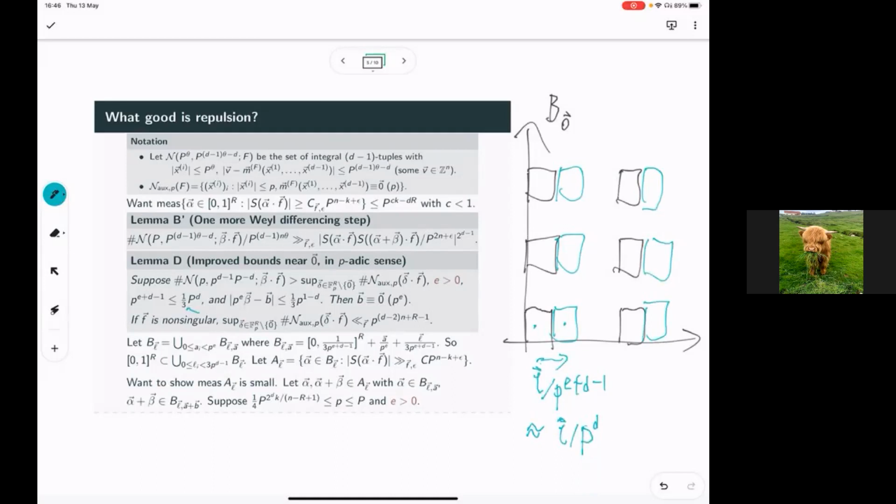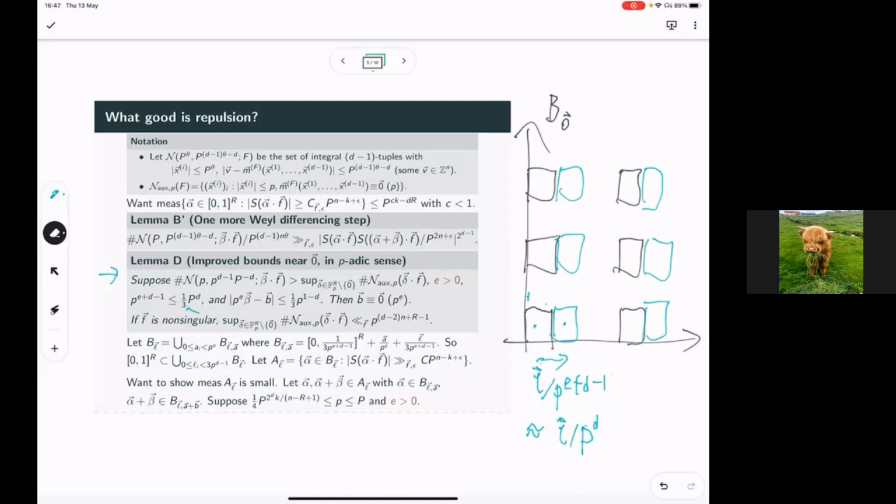The reason that it's this funny thing is that in the proof of this p-adic repulsion lemma, it's natural to take the size of these little boxes to be something like 1 over a power of the prime little p, and then you want the smallest displacement to be about the same as the size, so that you're covering the whole unit hypercube without too much overlap.